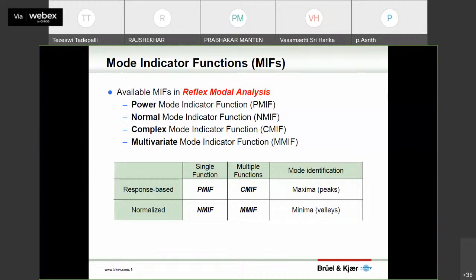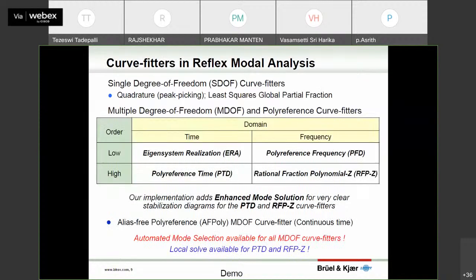The PMIF, normal mode indicator, complex mode indicator, each of these are mathematical calculations developed by various vendors to give better information on this. So you have single degree of freedom curve fitters, you have multiple degree of freedom curve fitters.